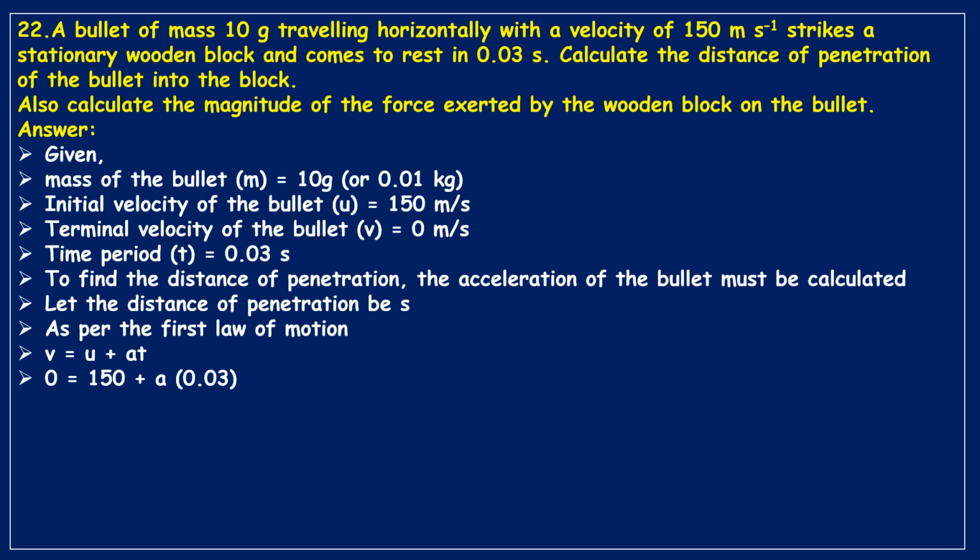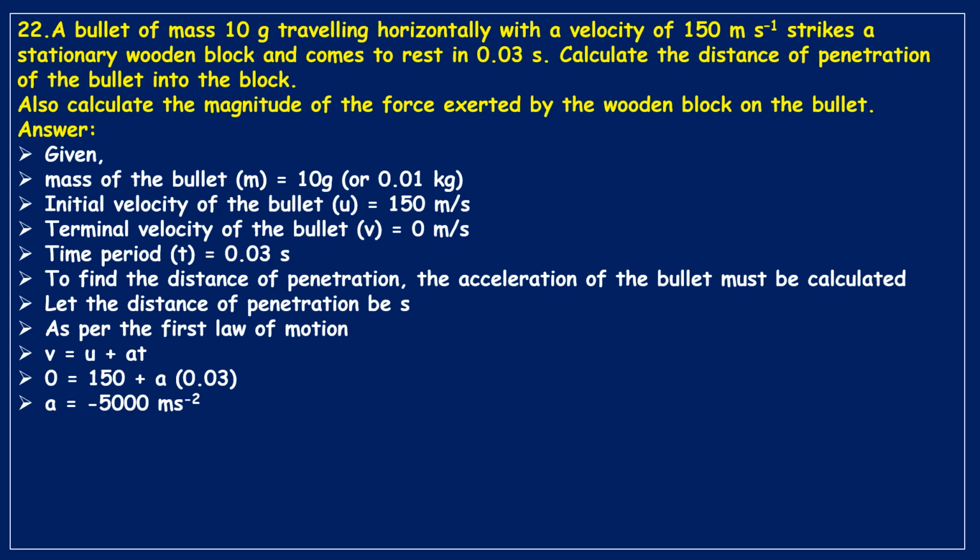U is given as 150 meter per second. Acceleration we have to find out, time is given as 0.03. Now you bring acceleration this side, then you will get 150 by 0.03, that will give you minus 5000 meter per second square. This is the acceleration of the object.